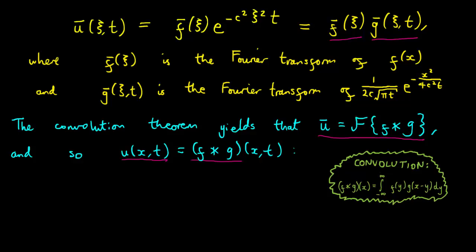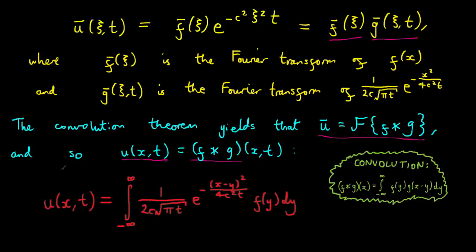All we need to do is apply that to f and g, and finally we get the result that u of x and t is the integral of 1 over 2c root pi t times e to the minus x minus y squared, this is g of x minus y, over 4c squared t multiplied by f of y and integrated with respect to y. And that completes the solution to the heat equation Cauchy problem.